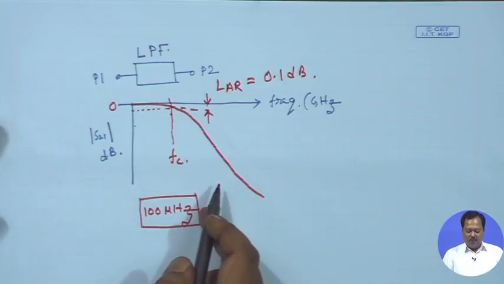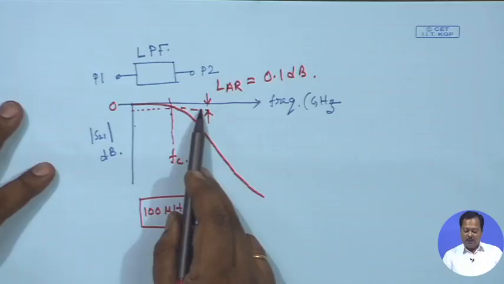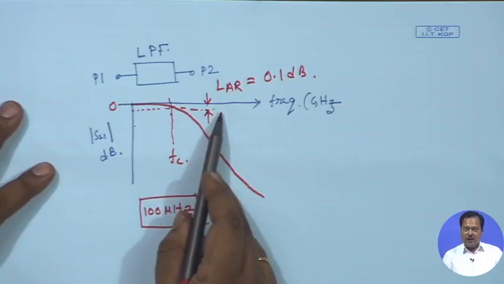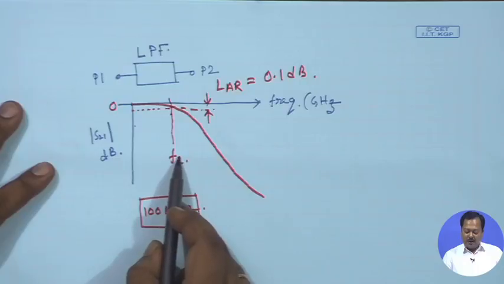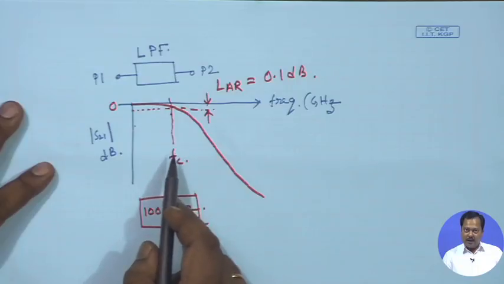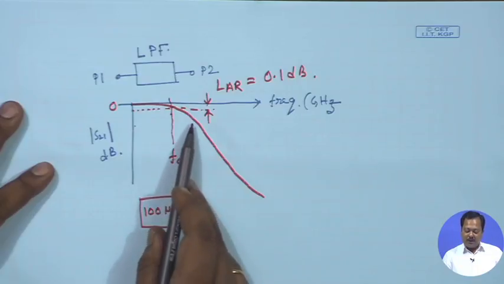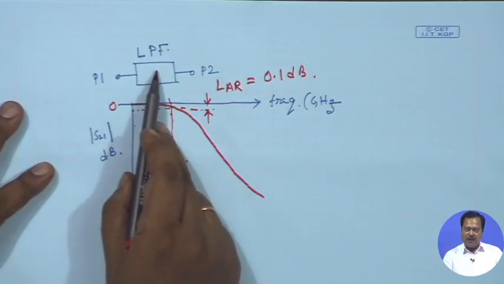Now, in filter applications, many times we simply define 3 dB cutoff frequencies, but not here. If I define my 3 dB cutoff frequency at Fc equal to 100 megahertz, that means I am already assuming that 50% of the power near the cutoff frequency is being attenuated by the low pass filter, which I do not want.